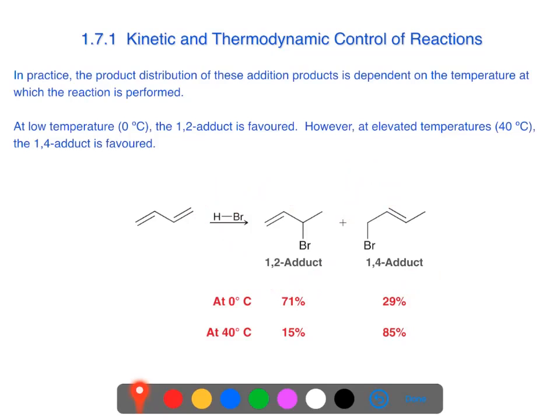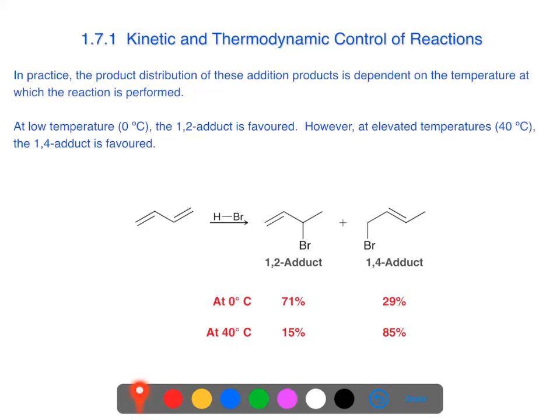And what we typically observe when we introduce this type of reaction is that at low temperature, we seem to observe a higher percentage of the 1,2 addition product. Whereas if we take that same reaction mixture and increase the temperature to 40, 50 degrees, we see a reversal in the major product.